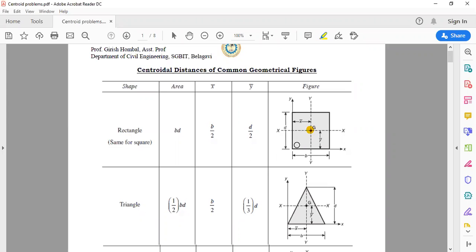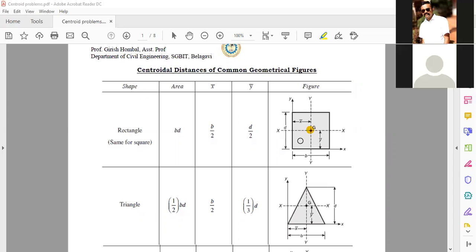Now we shall see the centroidal distances for each and every common geometric figure. So, a rectangle whose base width is b, whose depth is d. The reference y-axis and reference x-axis are at the edges of the rectangle. Now the location of the reference axes plays a very important role in locating the distance.